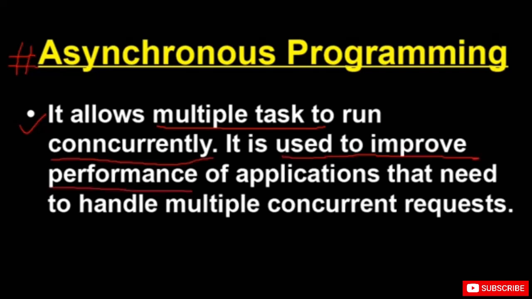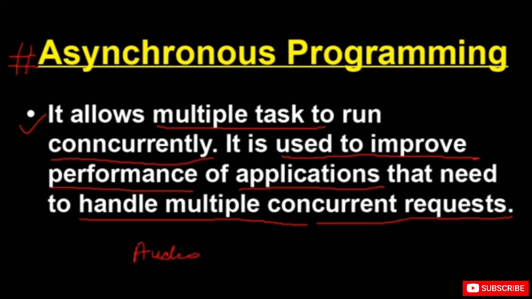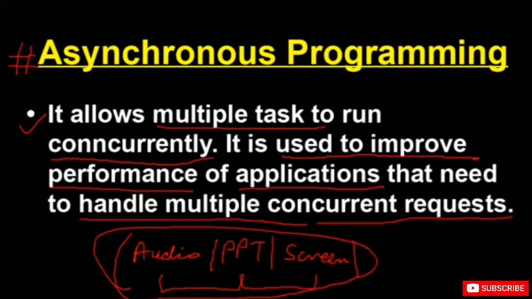For example, right now I'm using the audio software, the PPT, and the screen recorder, these three tools together to build this class. That is working concurrently, at the same time at runtime, and it increases the performance of the application. We are not building an application here, but let's say it is increasing the application's performance.